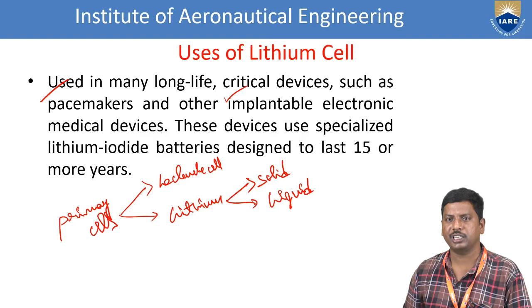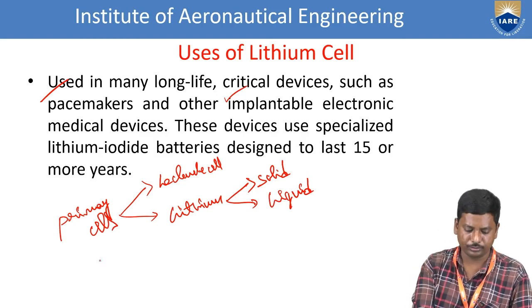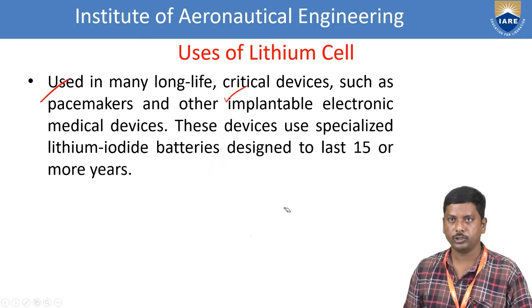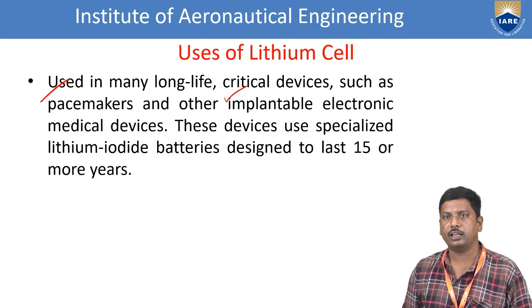That means these can be used as disposable batteries. That means chemical energy converts into electrical energy, and only the forward reaction is possible. So this is about the reactions occurring in the primary cells, nothing but Leclanche cell, solid lithium and liquid lithium.